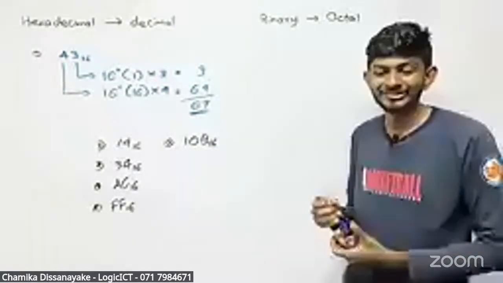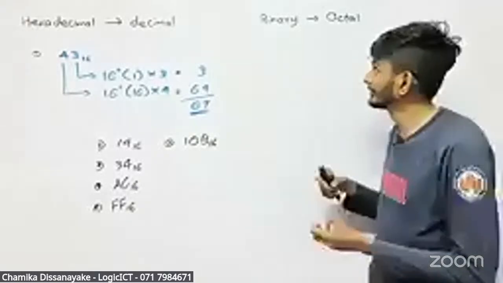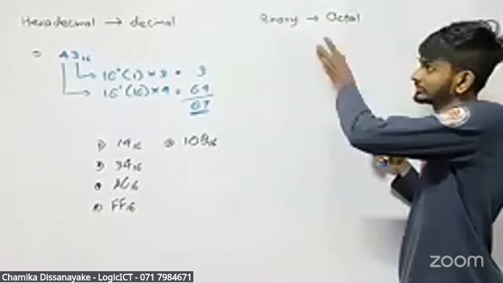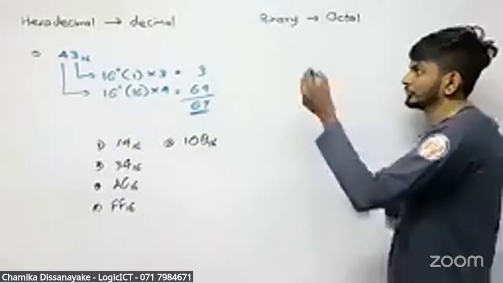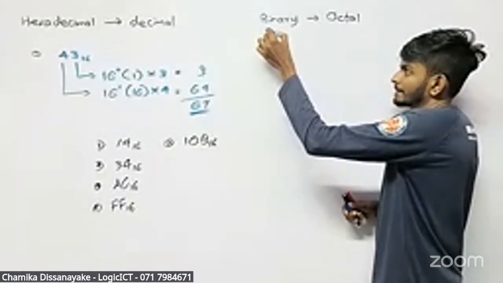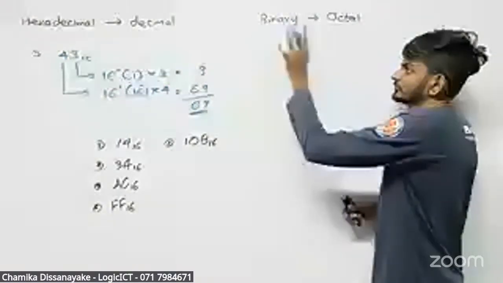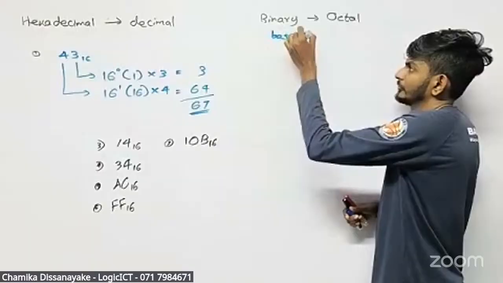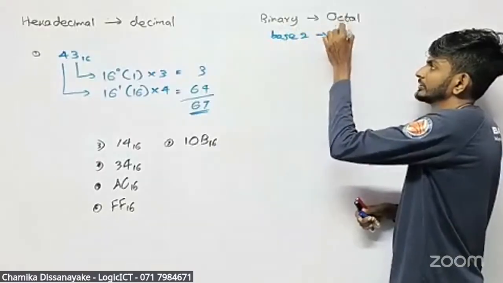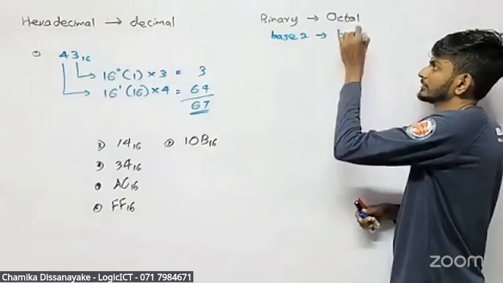What we are going to do is convert binary to octal. Binary means base 2, and octal means base 8.